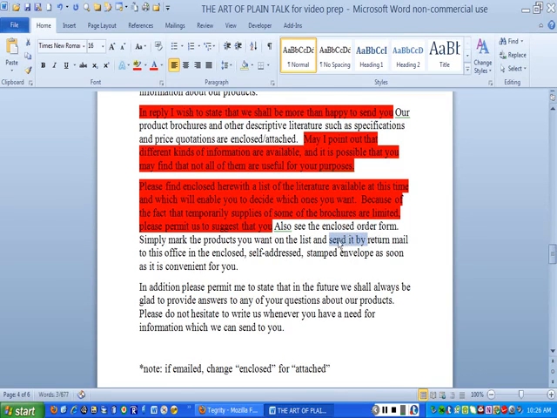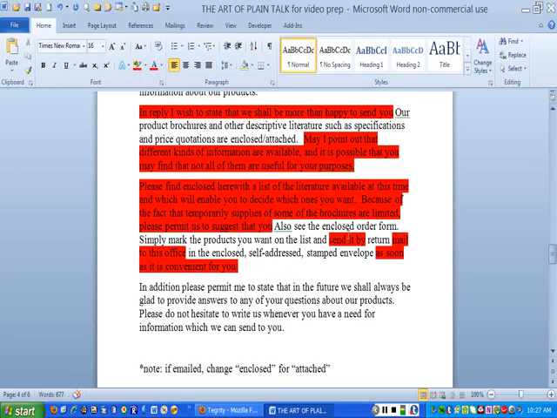No. And return, let's keep that. You don't need to say to this office. And return, you tell them that they have the enclosed self-addressed stamped envelope. We don't have to say as soon as it's convenient for you.